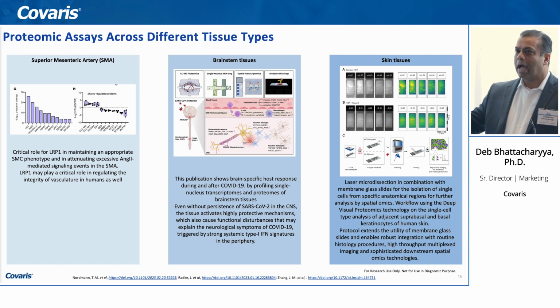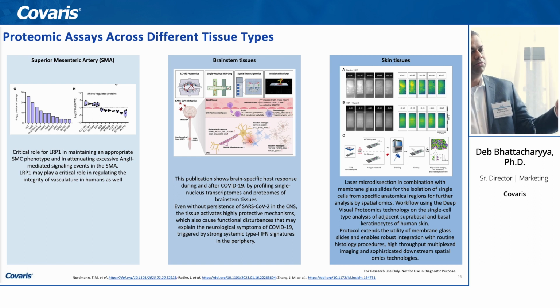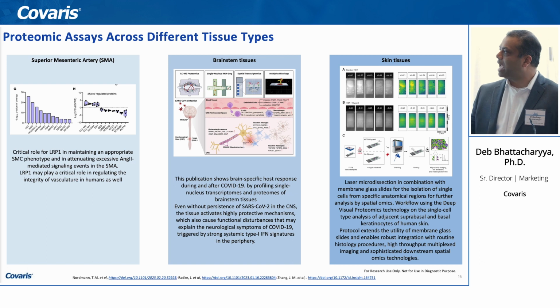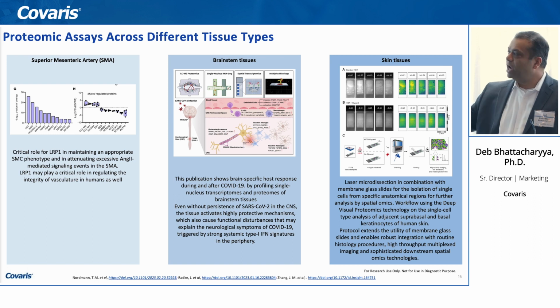So I showed FFPE, I talked about tissues, and here is one slide that captures different sources of tissues and different kinds of variants, starting with the SMA kind of tissue, which you use for your phenotype assays, to brainstem tissues.